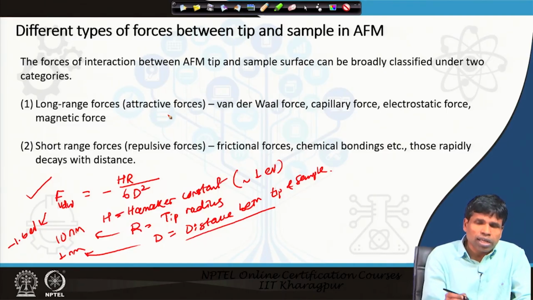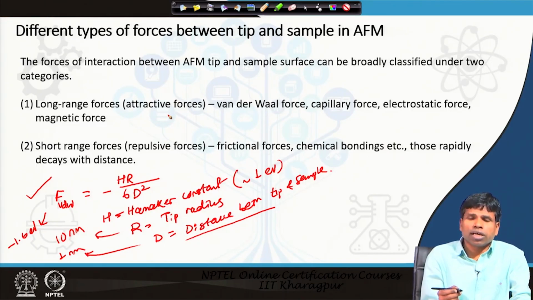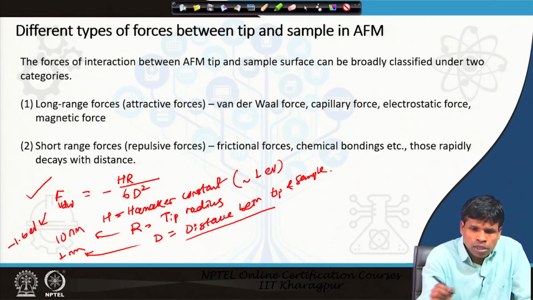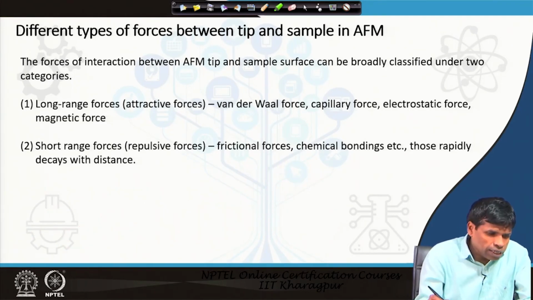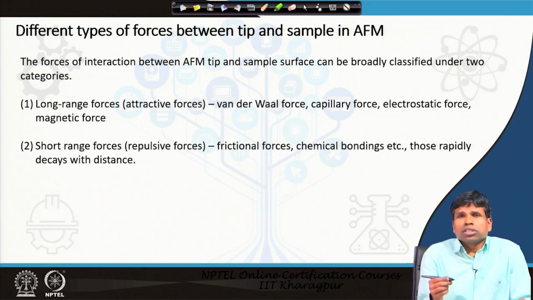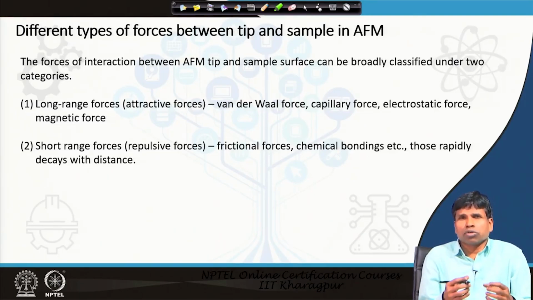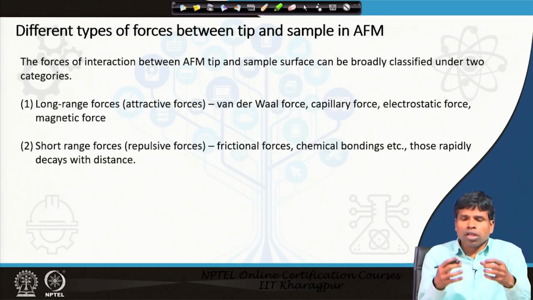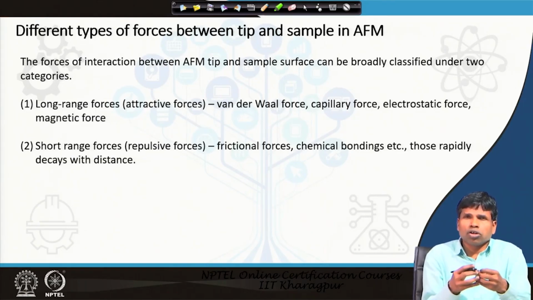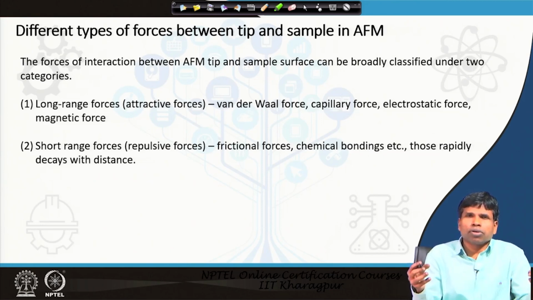At the end, the attractive and repulsive forces we have discussed before on the basis of the Lennard-Jones potential. Taking the Lennard-Jones potential curve, we discussed the attractive and repulsive forces, and in those cases the potential was described on the basis of two neutral atoms coming closer to each other. First they were much away from each other, then attractive force, then repulsive forces.